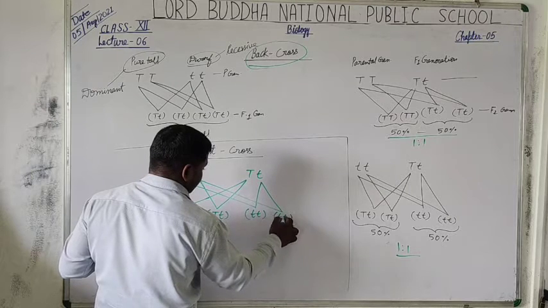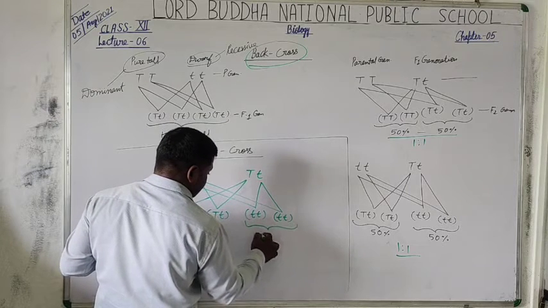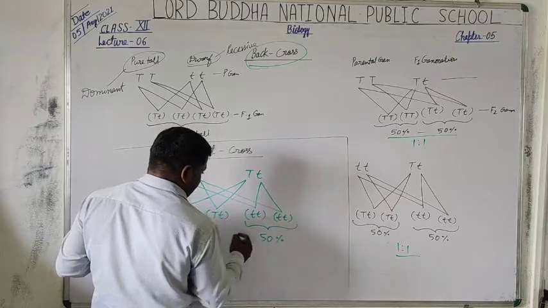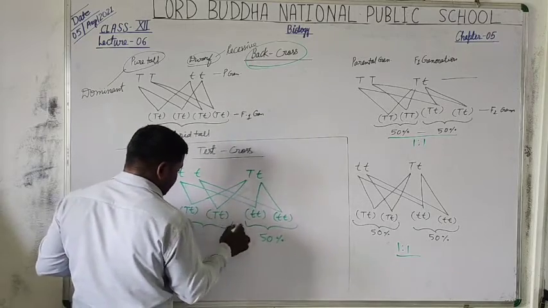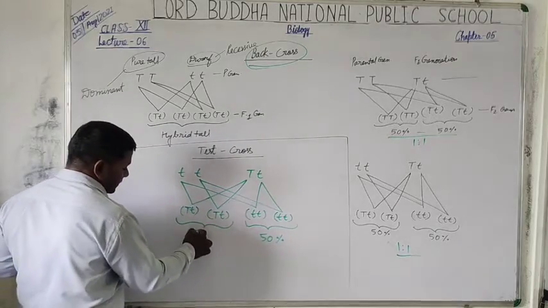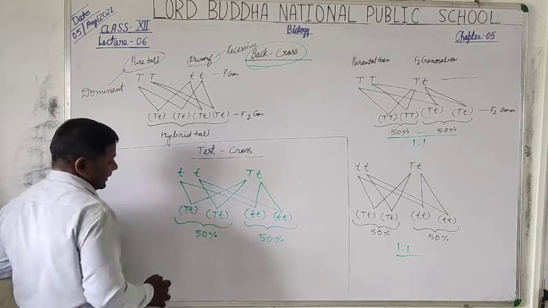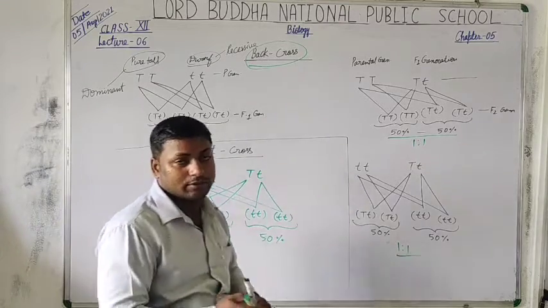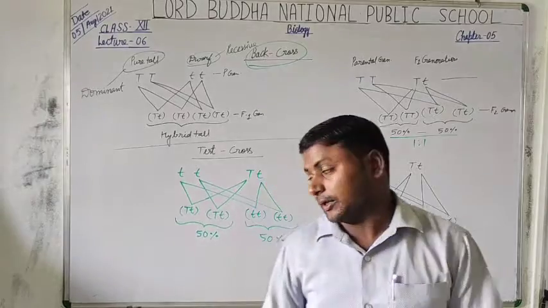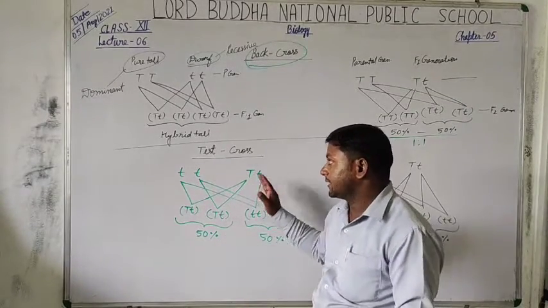Thus students, the result here is that about 50% of individuals go back to their parental type and the remaining 50% remain as the F1 generation.